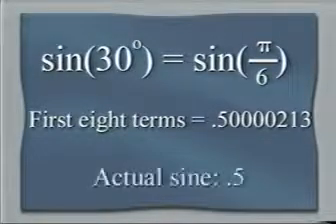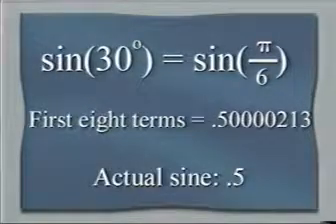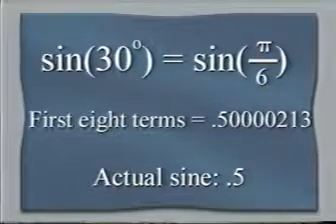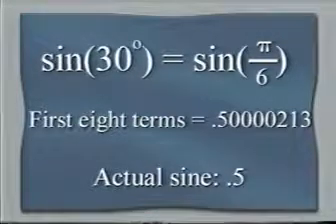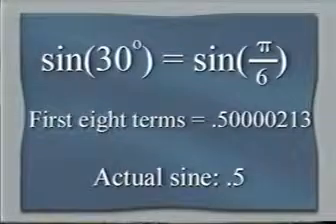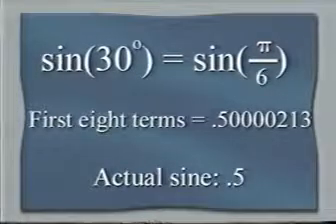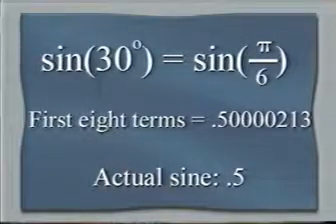Now, the actual sine of 30 degrees, or pi over 6 radians, is 0.5. Now, if 0.5 is not close enough to 0.5000213, then guess what you can do?